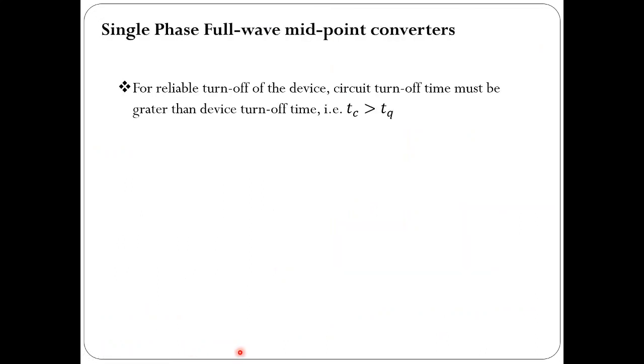Let us recall a few important points regarding single phase full wave midpoint converter operation. For reliable turn off of the device, the circuit turn-off time must be greater than the device turn-off time. That is point number one, and we have seen the circuit turn-off time for each device is equal to pi minus alpha.